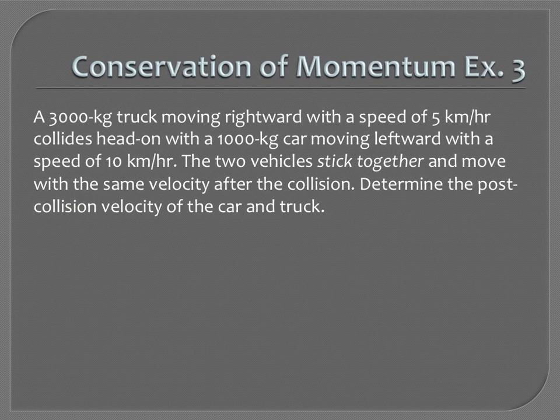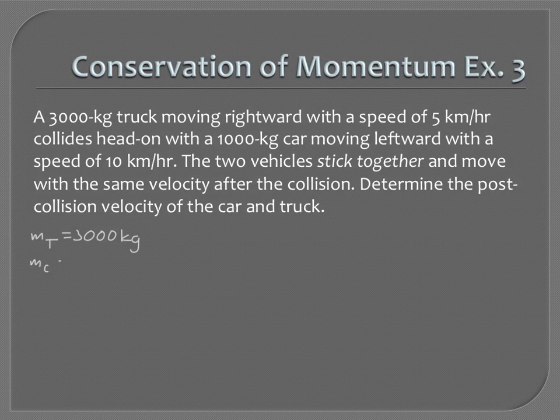Alright, and finally, my favorite type of problem. When you have objects collide head-on, they stick together, and they still move. That's a very brutal collision. Okay. So let's start with the truck. 3,000 kilograms.